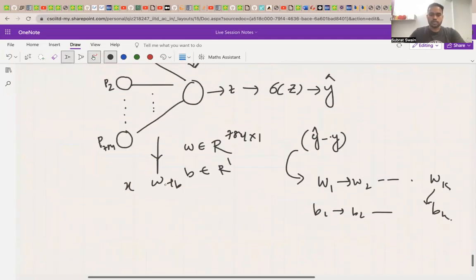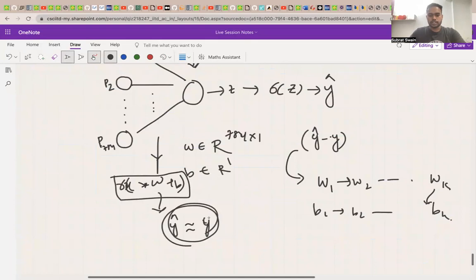After training, when multiplying with X and adding B and a non-linearity on top of it, you'll get a Y hat which will be closely related to Y.